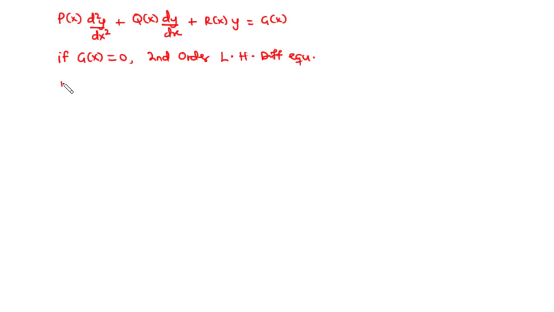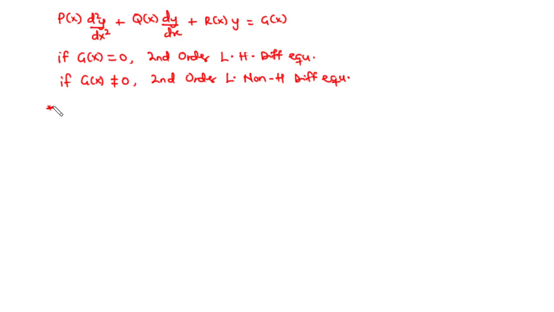And if g of x is not equal to 0, then we have a second order linear non-homogeneous differential equation. Now, our interest here is to focus on the second order linear homogeneous differential equation and how to obtain the general or the particular solution of such differential equations.